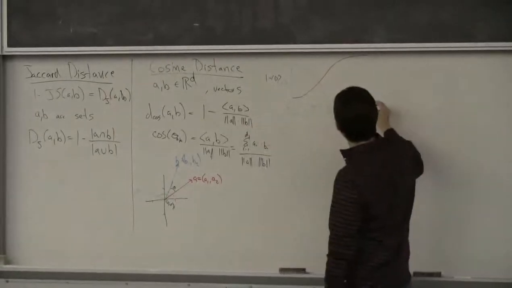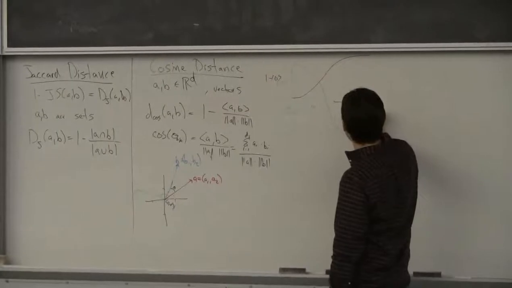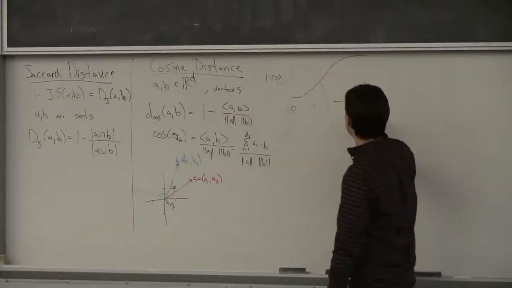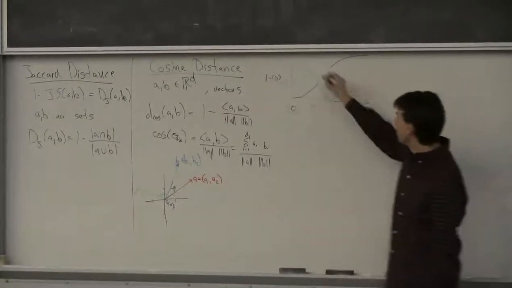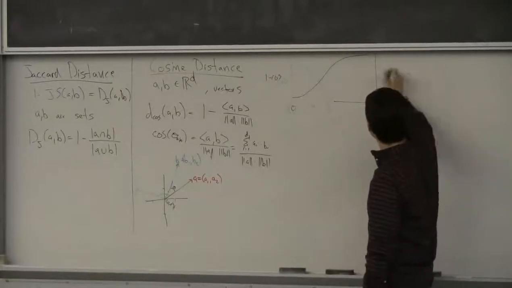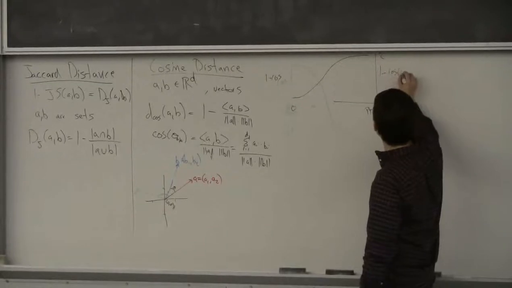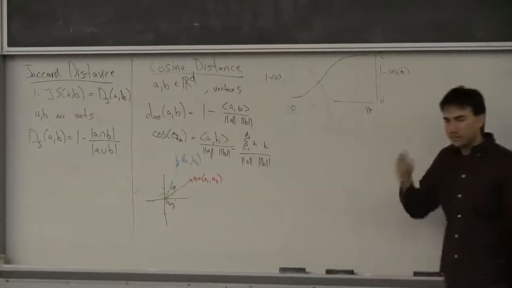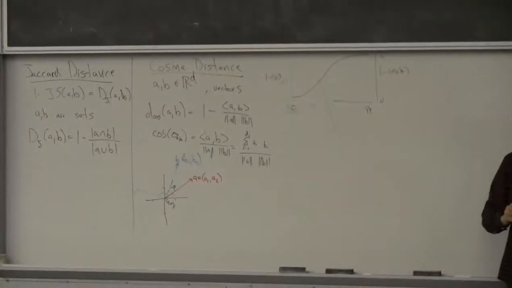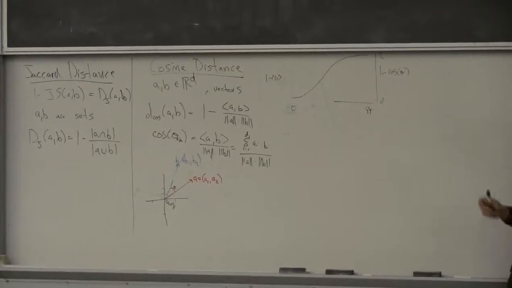And the angle is never greater than pi. The shortest angle is always between 0 and pi. So this goes between 0 and 2 for 1 minus cosine of theta. I'm sorry, I was not taking the 1 minus into account, just thinking cos theta.